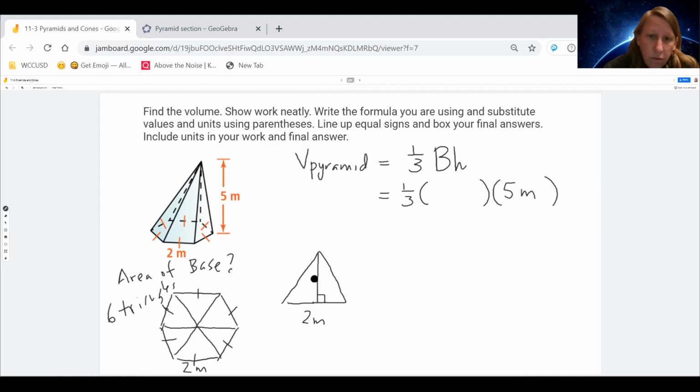Okay, so we need to find that because if I had that, then I could do area of a triangle is half the base times the height. I know the base of this triangle is 2 meters. Oh, sorry, I put that in the wrong spot. I need to know the height of the triangle.